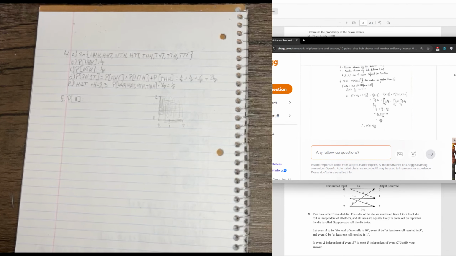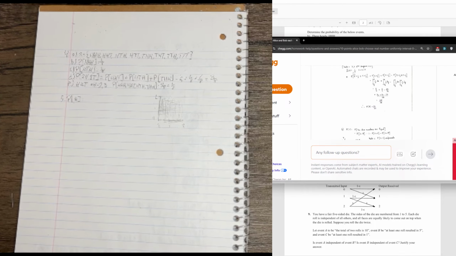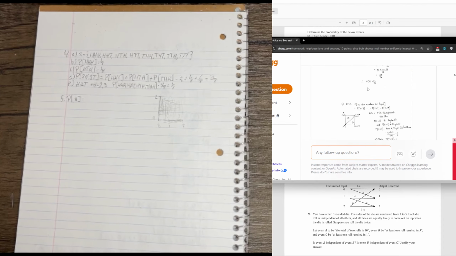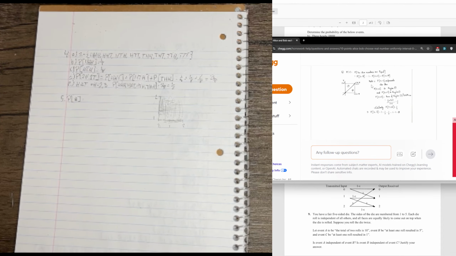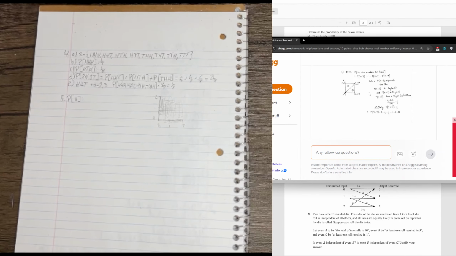Maybe that's a 3. Definitely not a 3. They just use calculus to find it, which is fair. That's the simplest way to do it. But I'm going to solve it using my own method still.